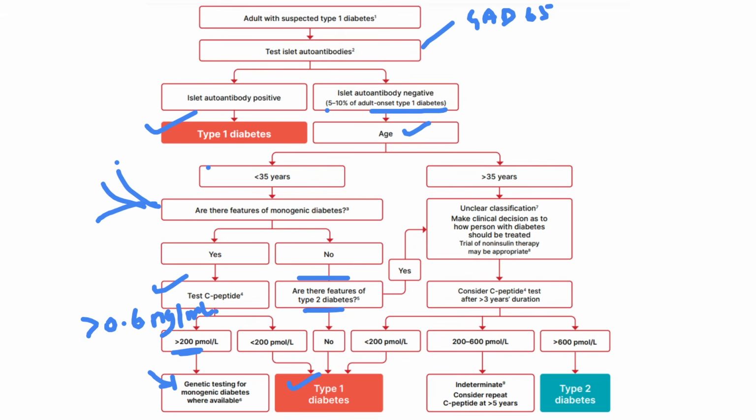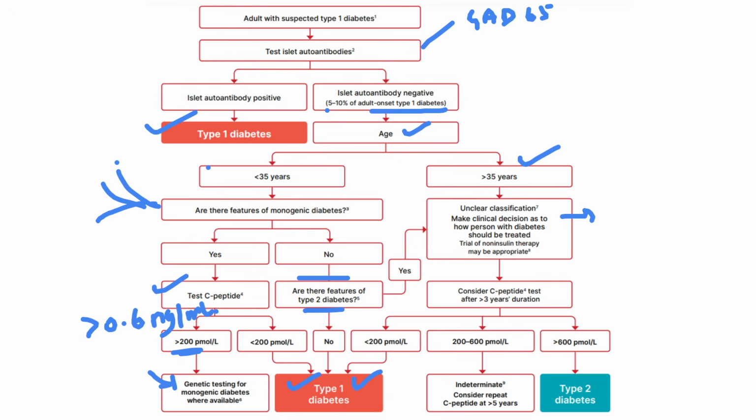So we can consider these as features of type 2. If there are no features of type 2, then also we can label it as type 1. If there are features of type 2 and the patient is more than 35 years of age, we label it as unclear classification.